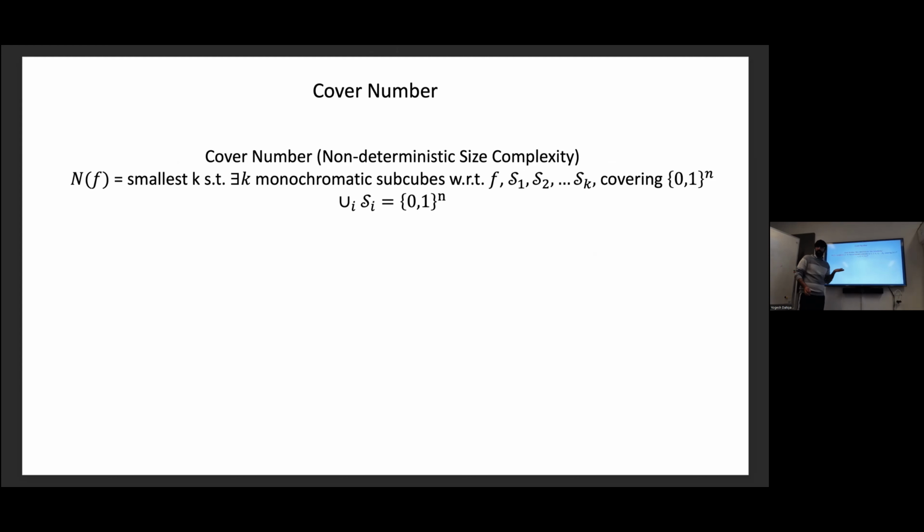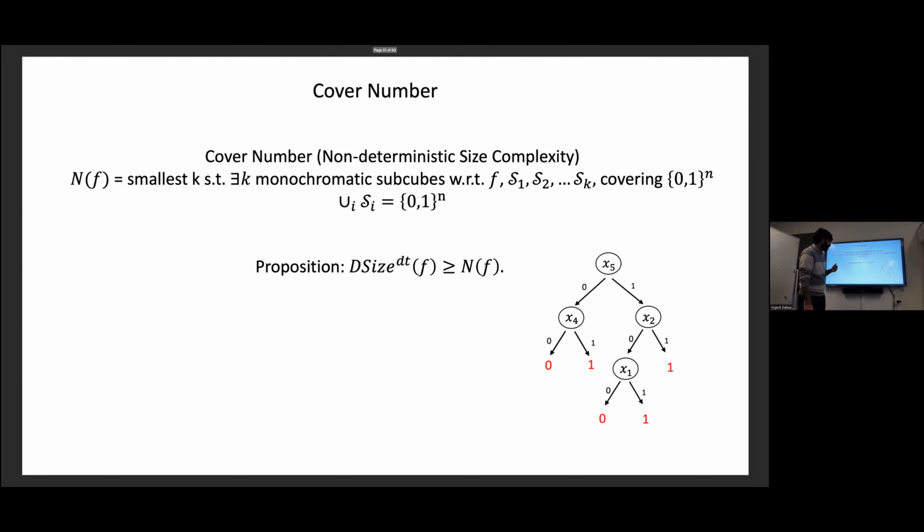Now we can define the cover number of our function. There are 2 to the n many points. You cover them using monochromatic subcubes, and try to find the minimum number of monochromatic subcubes which can cover the whole space. That will be the cover number of our function.